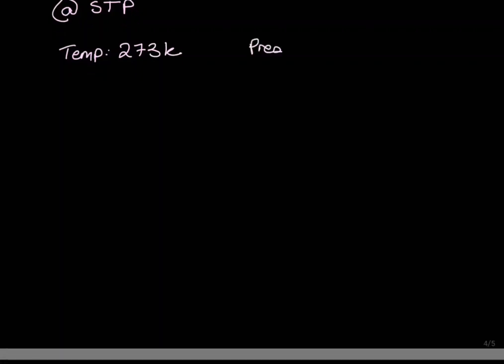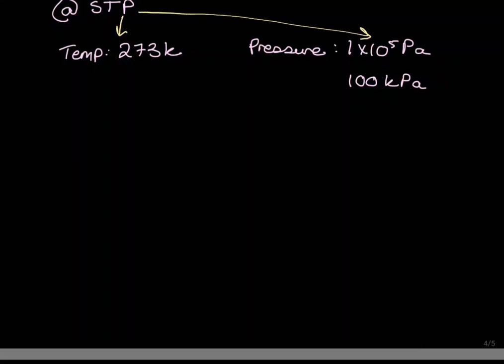Pressure would be 1 by 10 to the 5 pascals, or you might see it written as 100 kilopascals, either. Okay, so the minute you see in a question at standard temperature and pressure, that's telling you already two pieces of information: the temperature and the pressure of the system at that moment in time.